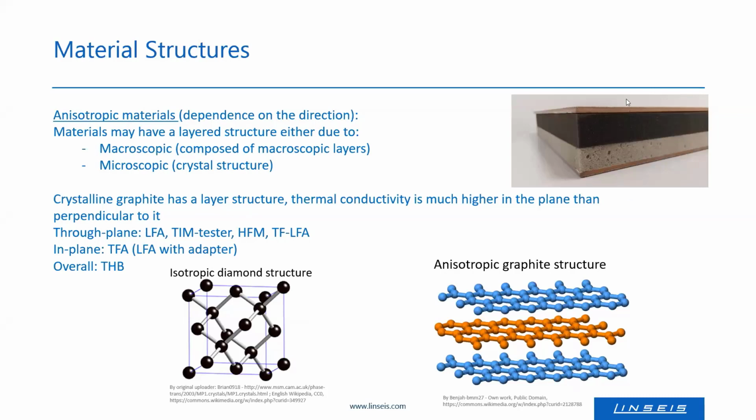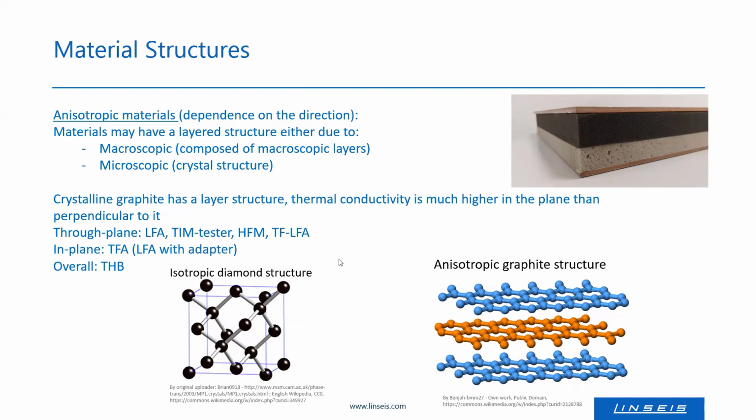This can be macroscopic, like in this example, a panel composed of different layers, or on a microscopic scale, like in the structure of graphite, where you find layers and the thermal conductivity in the layer will be different from the thermal conductivity perpendicular to the layer.